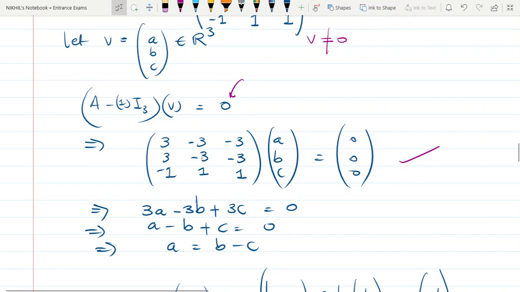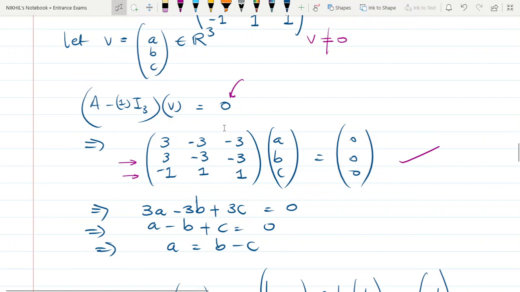If you simplify this matrix product, on the left you will get a system of linear equations in which equation 2 and equation 3 turn out to add nothing.